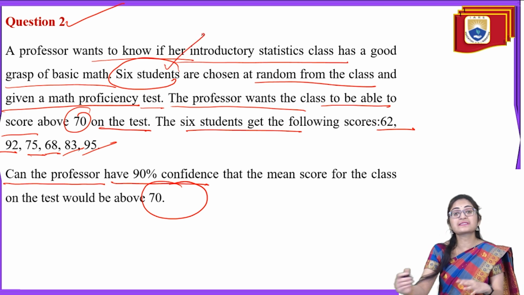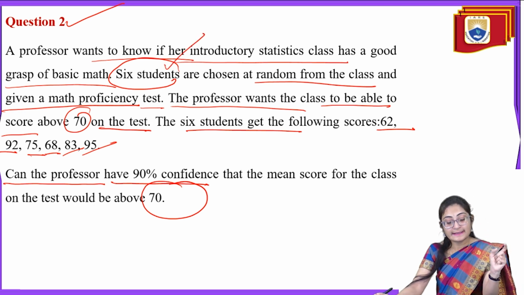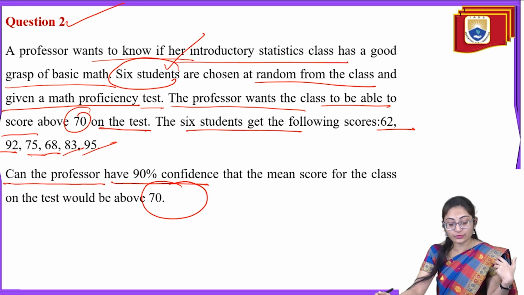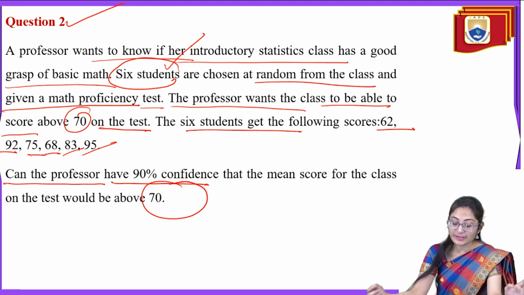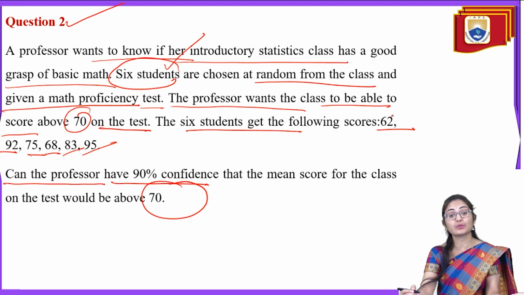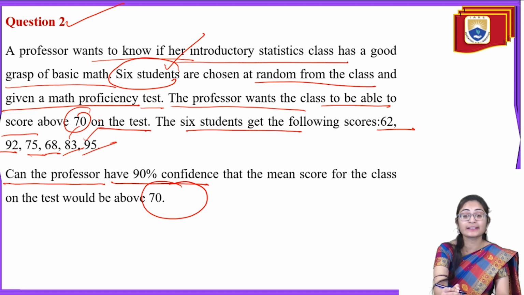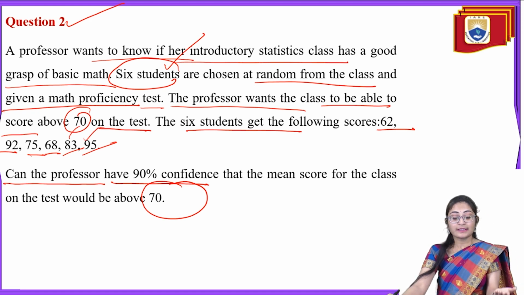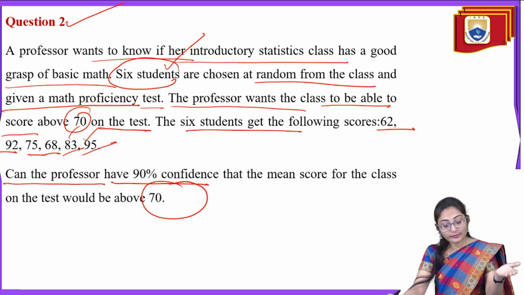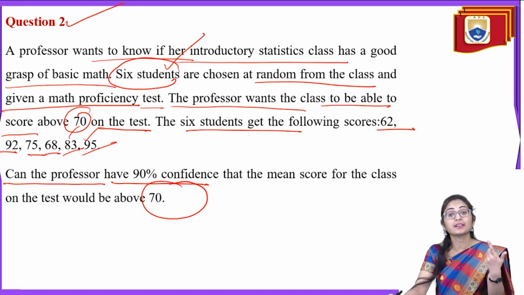She chose 6 students randomly, and she wants the class to score above 70 marks in the test. The 6 students got the scores 62, 92, 75, 68, 83 and 95. We have to find out whether the professor can have 90% confidence that the mean score of the class will be above 70.